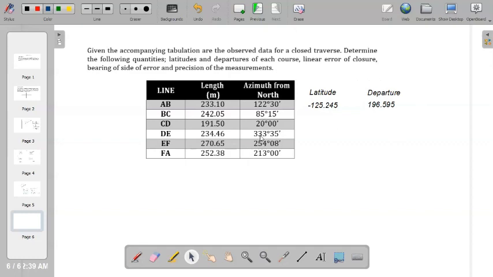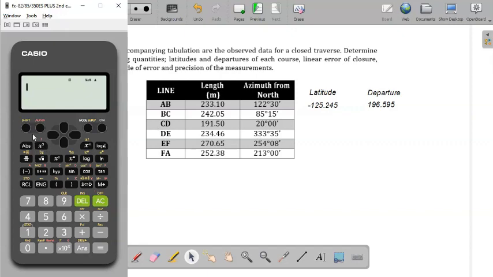Now we go to the next one, the BC. So your BC is shift rec and then type the length 242.05, comma, and then 85 degrees, 15 minutes. You can see this is in the first quadrant, so they will be all positive.